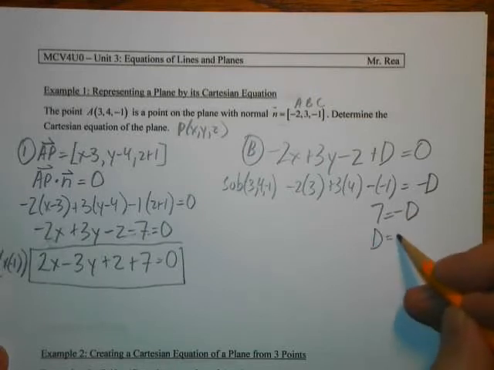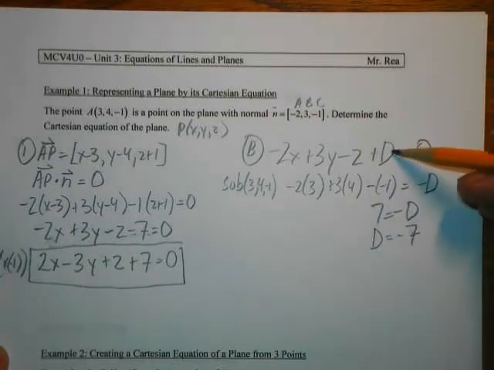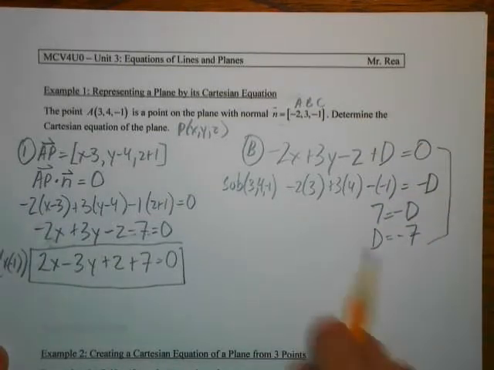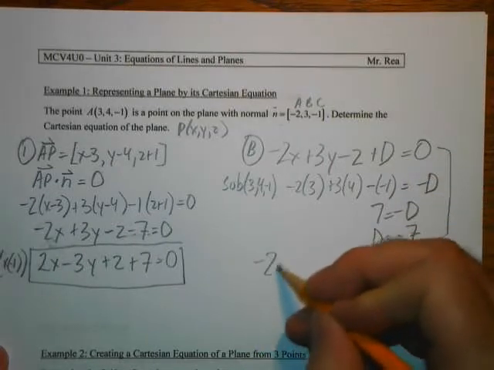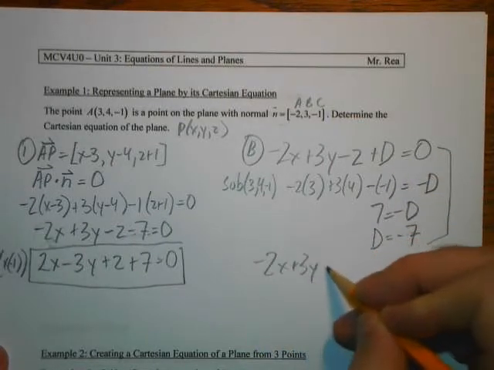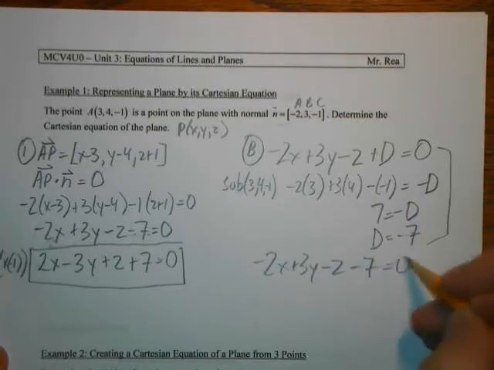D equals -7. Okay, so now I'm going to just replace the d with -7, so I get -2x plus 3y minus z plus d, so that's -7 equals 0.